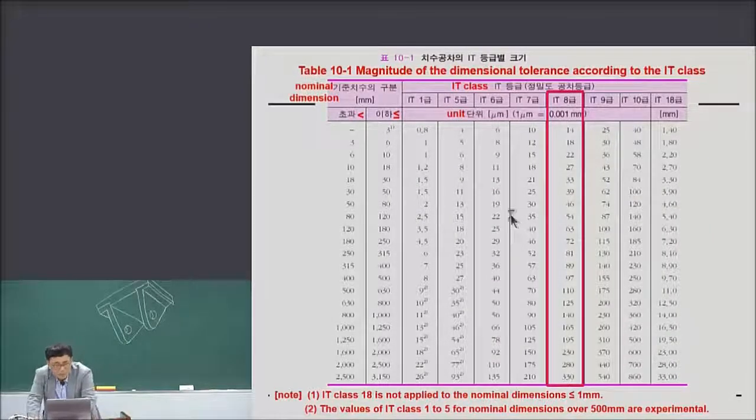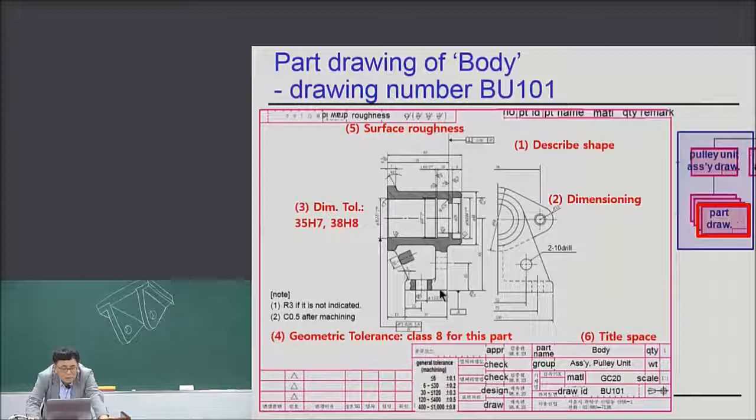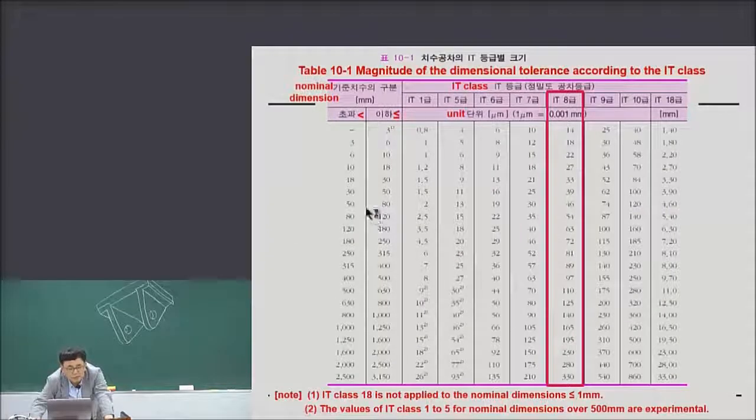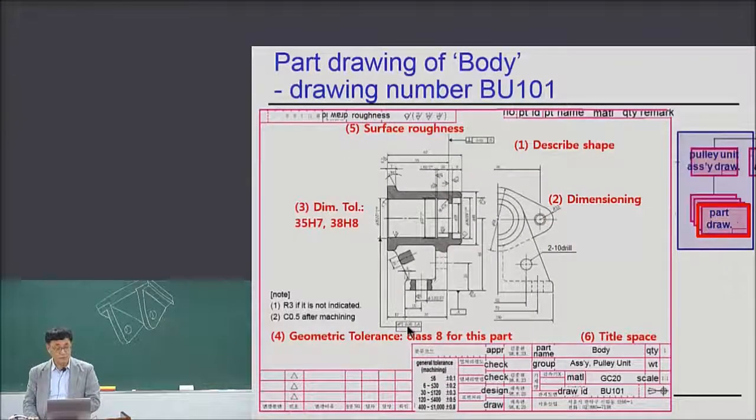Now, the distance between the axis and the bottom plane is around 66. Now look, 66 is in the range 50 to 80, and class 8 gives 46 micron. So that's why the parallelism is around 50 micron.